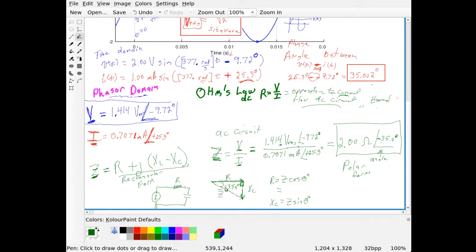And so you have minus 35 degrees as the overall angle, and using trigonometry, we can calculate the resistance. And we can calculate the reactance.